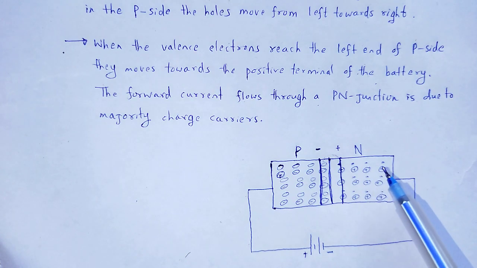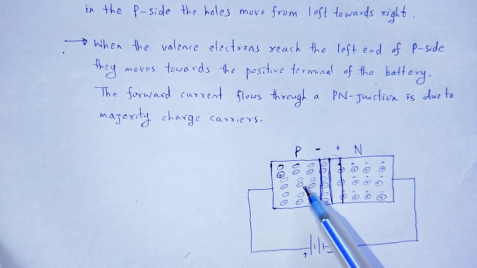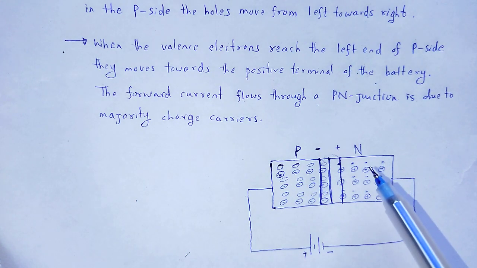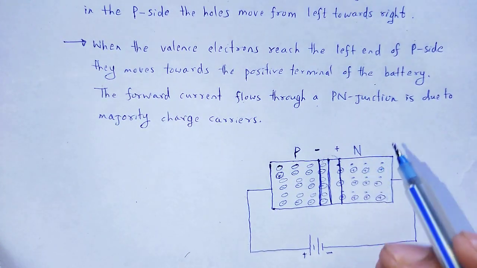Due to free electrons and holes, the entire current flows through the p-n junction due to these majority charge carriers.